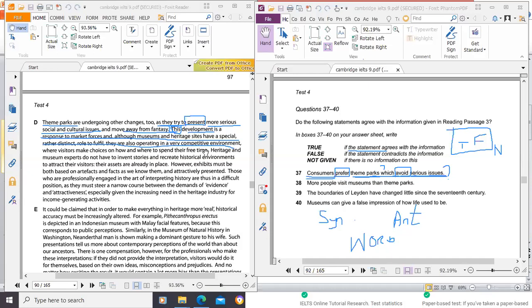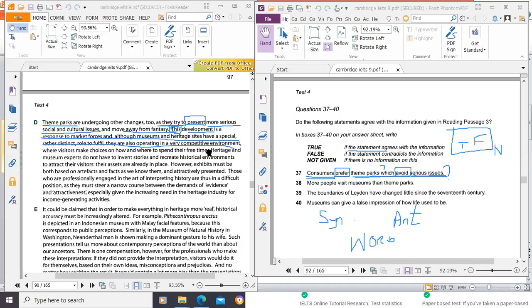But what the passage is saying essentially is that as they try to present more serious issues and move away from fantasy, this development is a response to market forces. Although museums and heritage sites have a special role, they are also operating in an environment where visitors make choices on how and where to spend their free time.